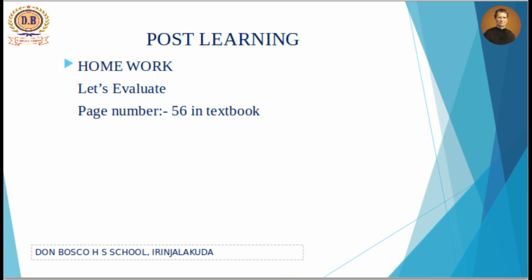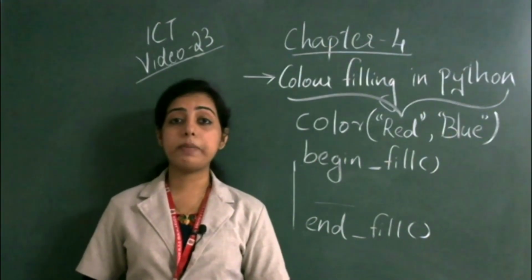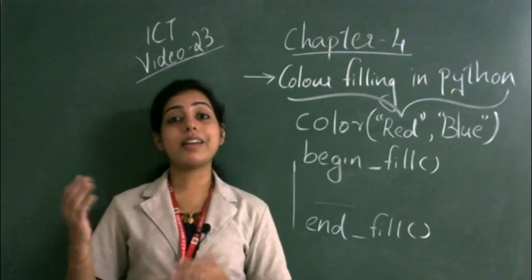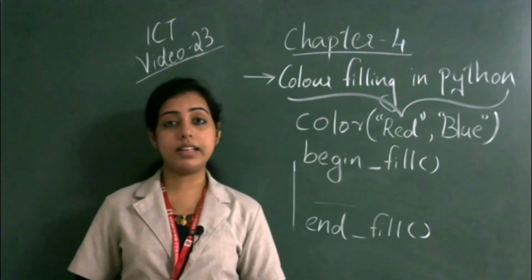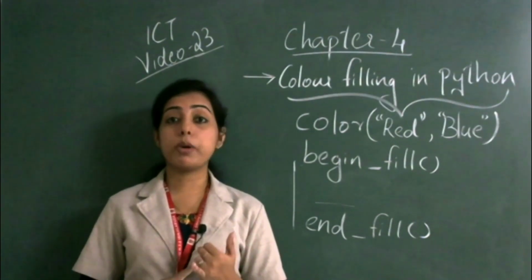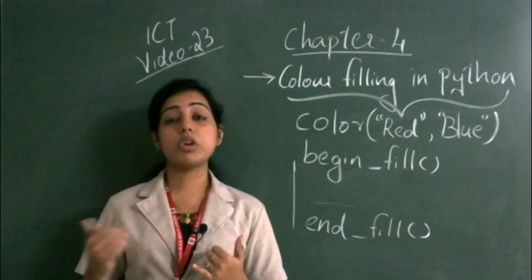And there is a homework question for you. Let's Evaluate, in your textbook, page number 56. Do it as homework in your textbook itself. Okay. So here comes an end to the fourth chapter. Study all the programming codes. Write and study each and every syntax. In this chapter, the main questions are: one, a program to print different geometric shapes.